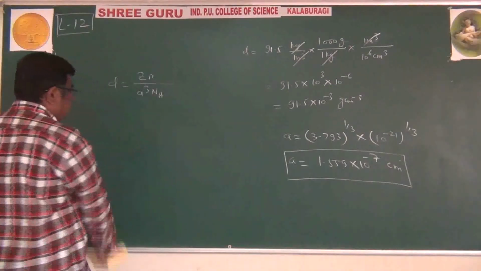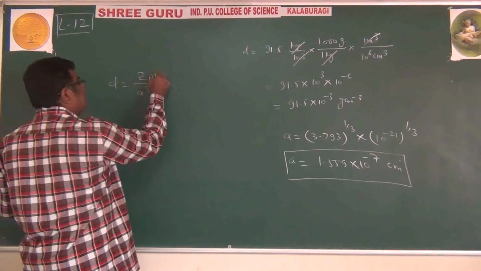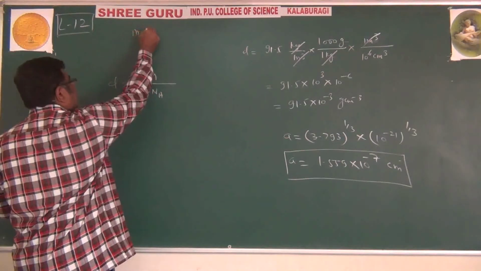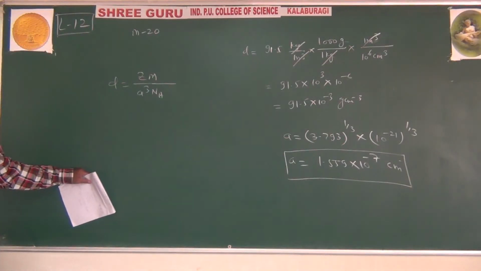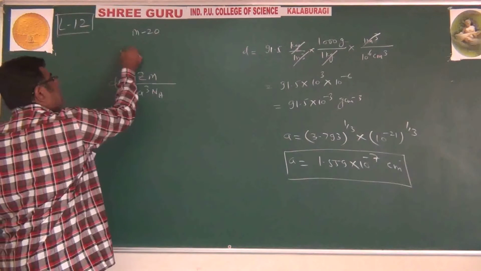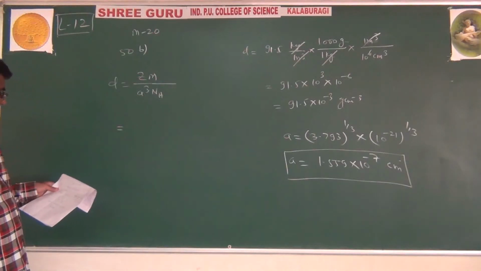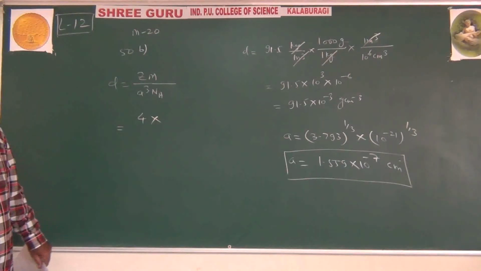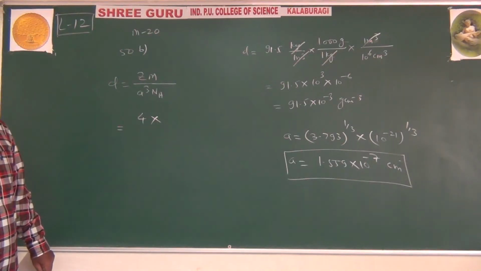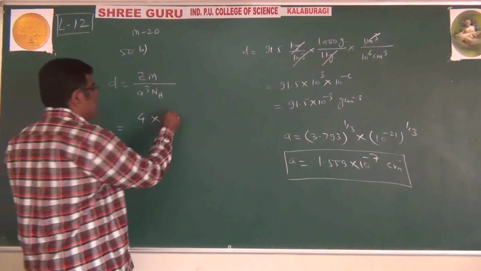In March 20, question number 50B, they ask us to calculate the density. So as it is, you can read from that question, it is FCC and the atomic mass is 40, they have given that also.